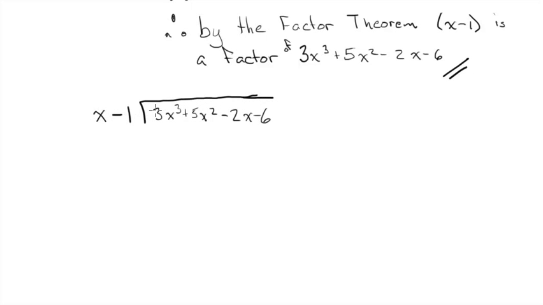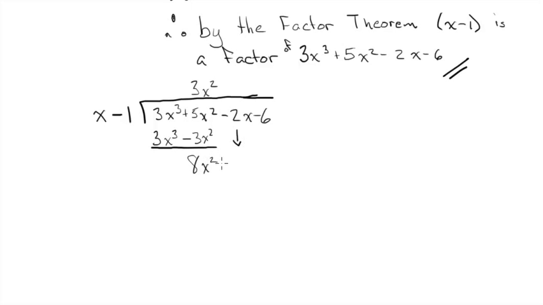So what multiplies x to give you 3x cubed? 3x squared. So if I multiply 3x squared by x minus 1, I get this. Subtract, I get 8x squared.